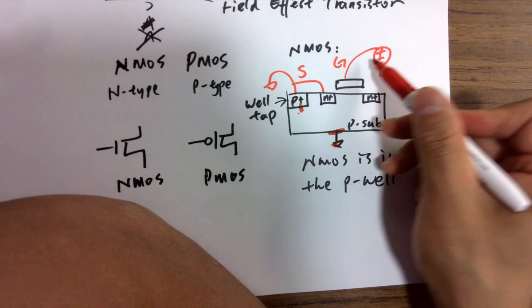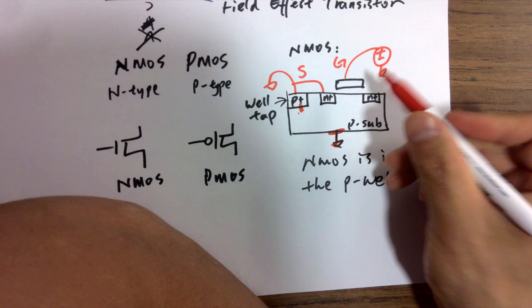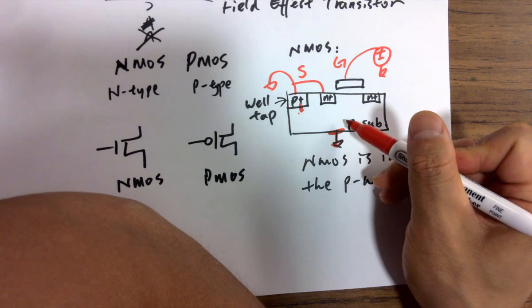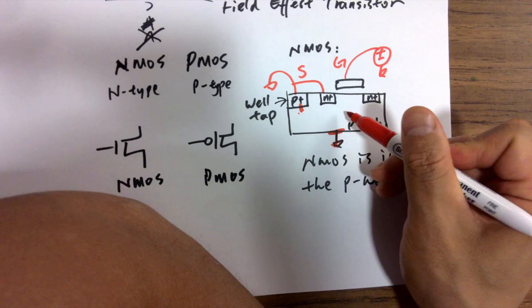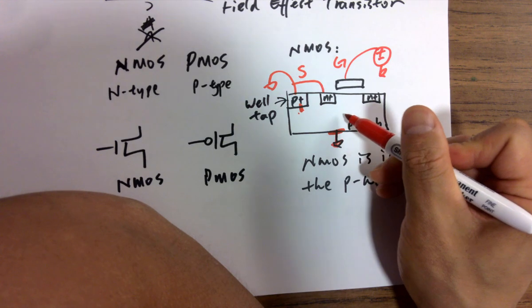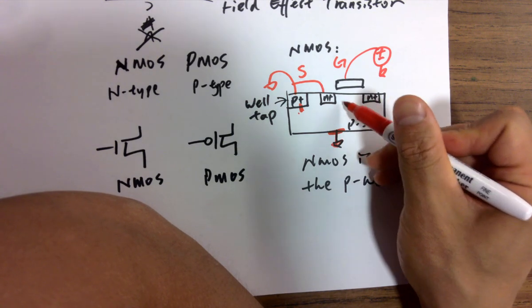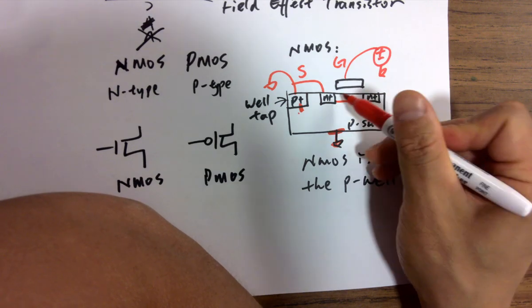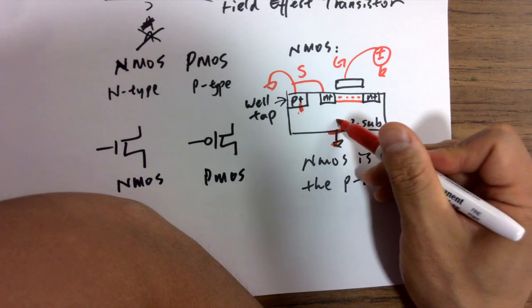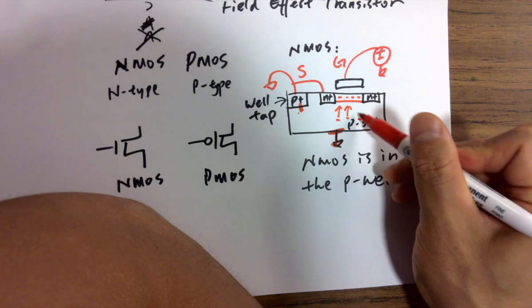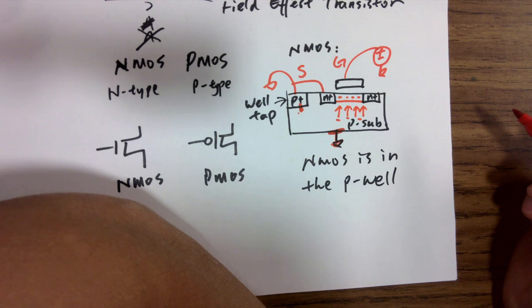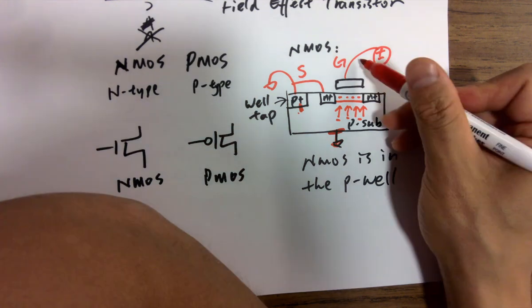If you apply a positive voltage at the gate, even though the P sub has minority carriers, which are free electrons, the electrons will be attracted to the channel here. It's forming a layer of electrons because of the electric field, and that's called the channel. It's forming a channel by applying a voltage here.